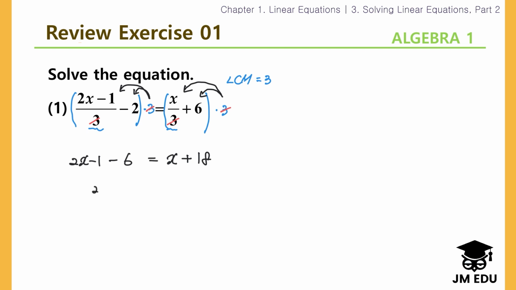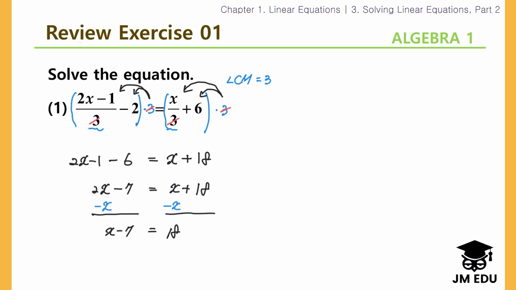So the left-hand side will be 2x minus 7, right-hand side x plus 18. So we're going to subtract x from each side. So left-hand side x minus 7 is equal to 18.